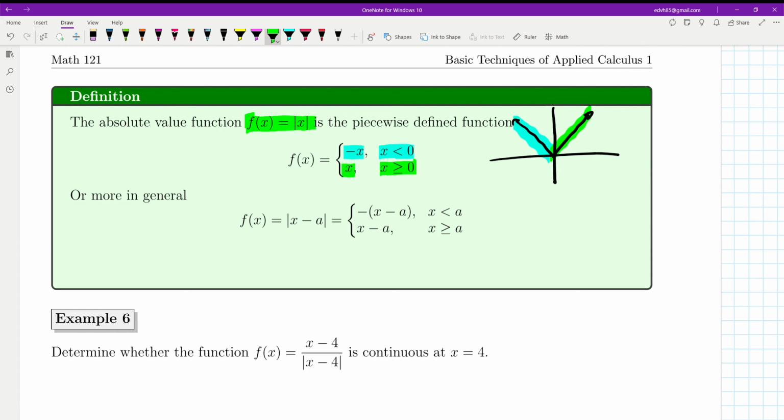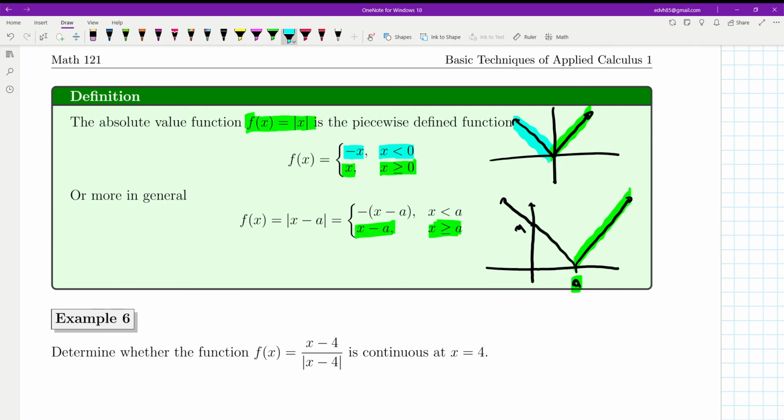But in a more generalized form, if you have this shifted graph of absolute value, shifted a units, let me just take the case when the graph is shifted to the right, shifted a units. This will have a y-intercept at a. So for values greater than a, we are going to have x minus a, a line with positive slope.